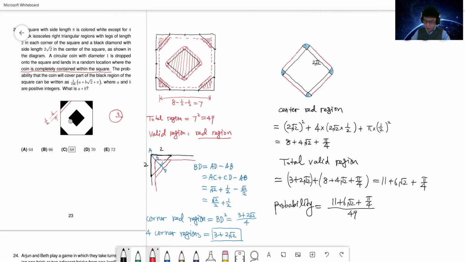Let's simplify it. This equals 1 over 196 times (44 plus 24 root 2 plus pi). And we know A plus B equals 44 plus 24, which is 68. The answer here is 68.